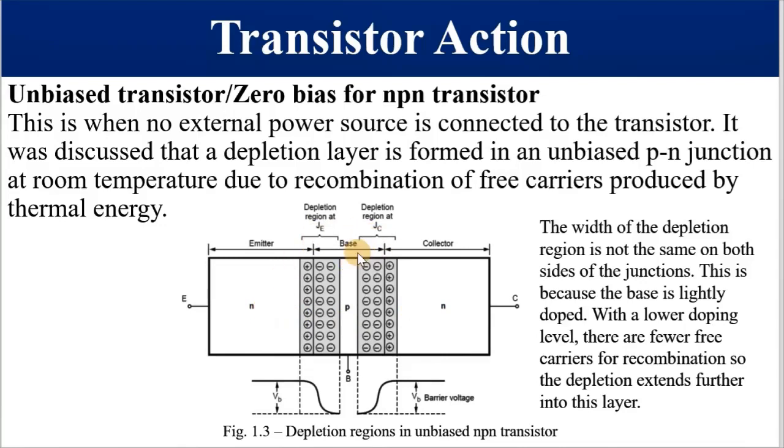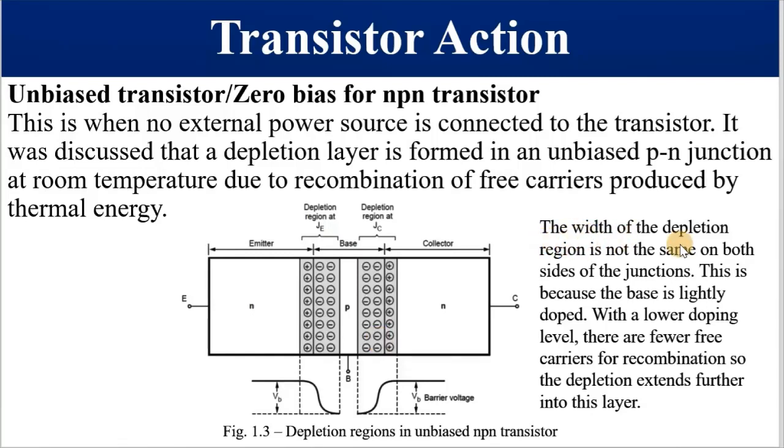There are two junctions: the depletion region at the emitter junction and the depletion region at the collector junction. This is the polarity for an NPN transistor. For a PNP, it will be opposite.